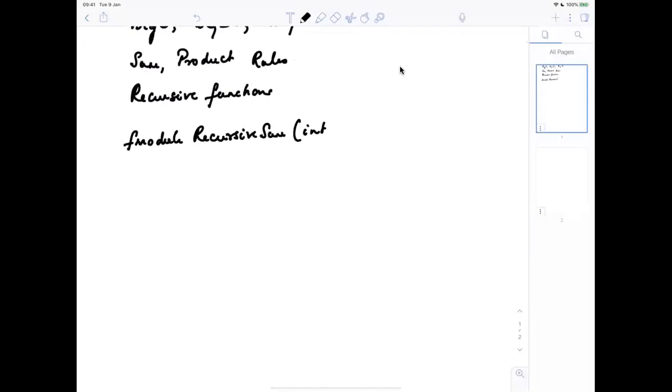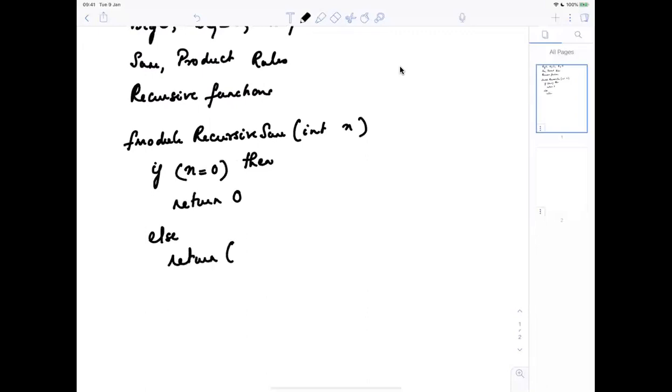Int n, and if n equals 0, then return 0, else return n plus recursive sum of n minus 1.